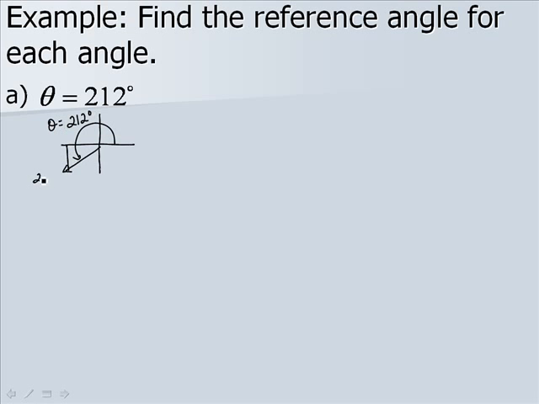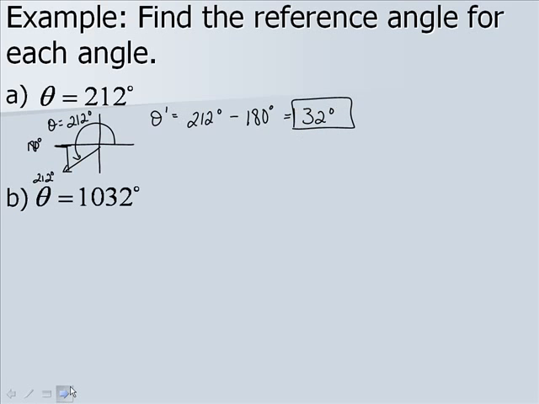So we see that this is 212 degrees, and our side here is 180 degrees. So to find our distance here, our reference angle, we're going to take 212 degrees minus 180 degrees to find out what our difference is here. And we end up with a value of theta prime as 32 degrees. So our reference angle is 32 degrees.